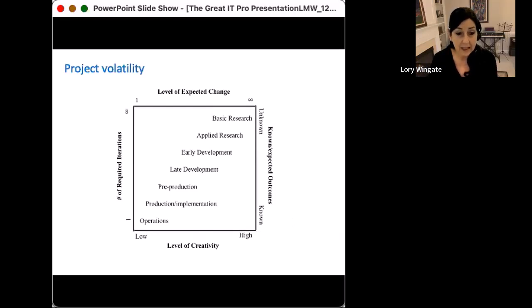Could be completely unknown outcomes, requires an intense amount of creativity, and your iterations, you just expect them to be nonstop. And conversely, with operations, when you're doing a production run on something, you don't need a lot of creativity. You just need to get it done. It's not going to have a lot of iterations, it's not going to have change expected, and you know what you want to get out of that.